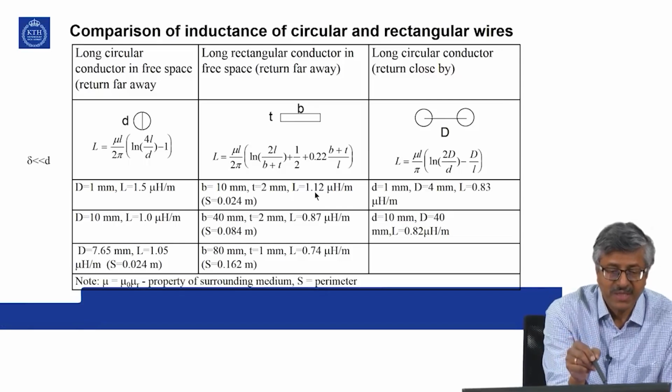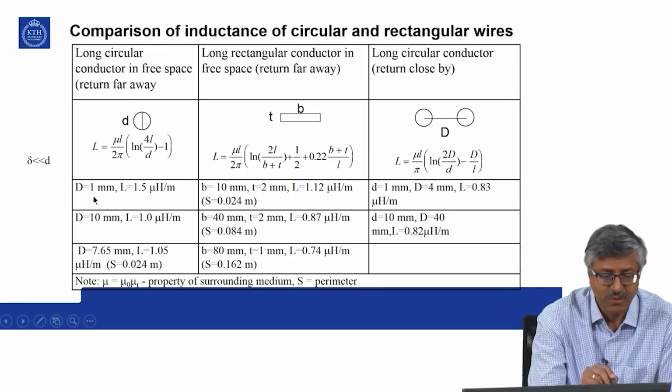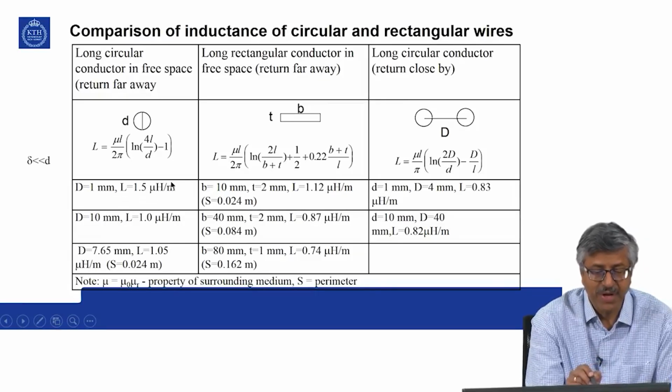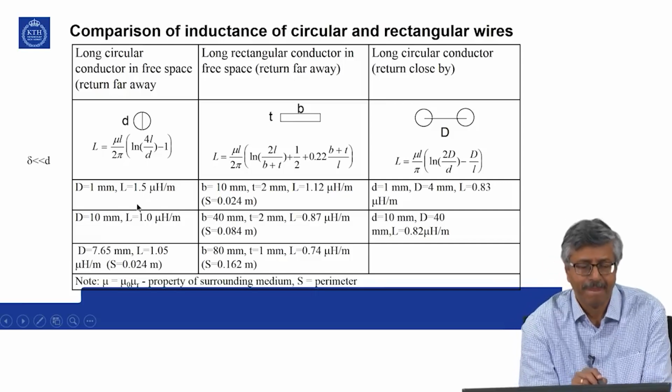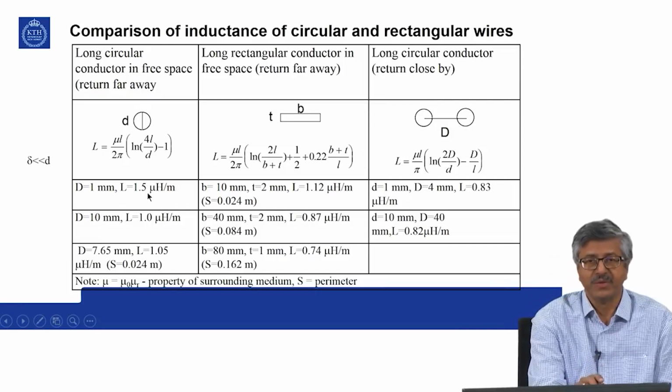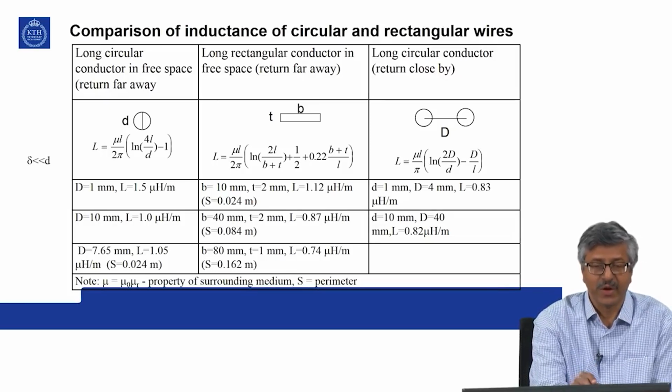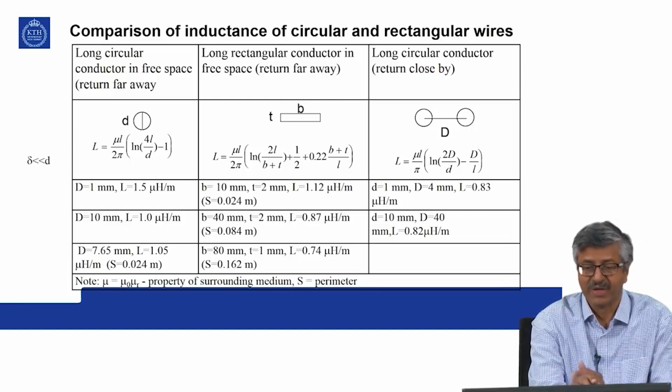For example, in the circular conductor D equal to 1 millimeter, very thin wire, you get L equal to 1.5 microhenry per meter. As a thumb rule, often you say that inductance of a wire is 1 microhenry per meter length, because the variation is logarithmic depending upon whether return conductor is close by or far.